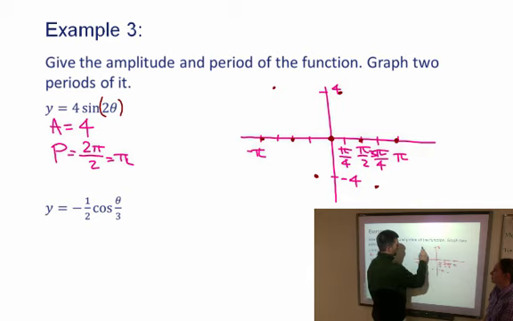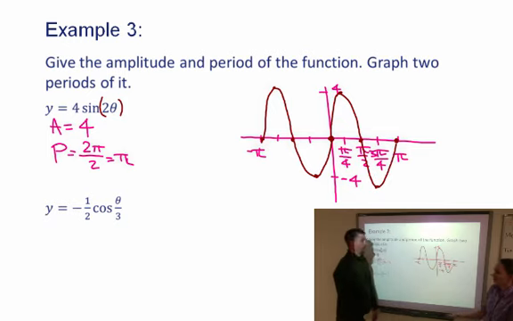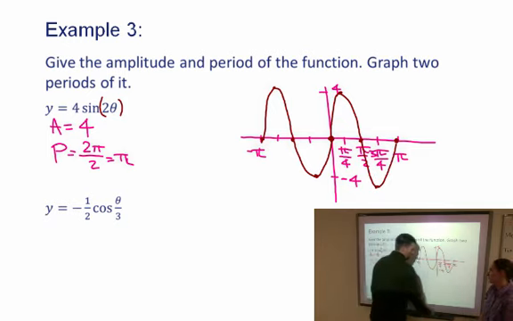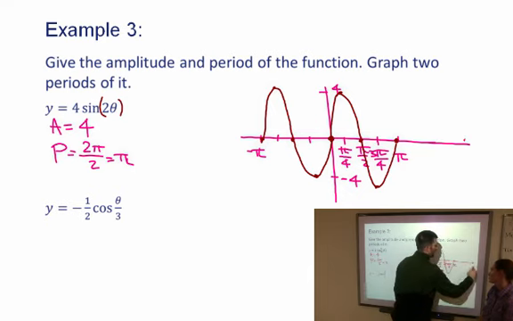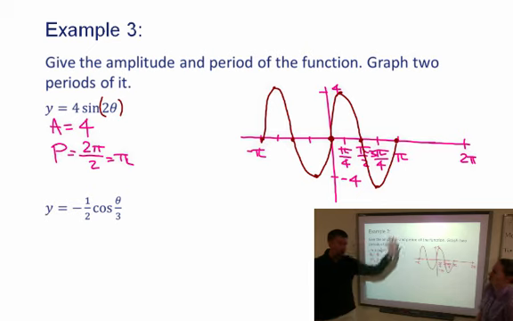And then now connect your dots in a curvy fashion, and it'll be a little bit more tricky on this one. And there you go. And notice, if we go out here to 2 pi, it's going to repeat a whole new deal again.